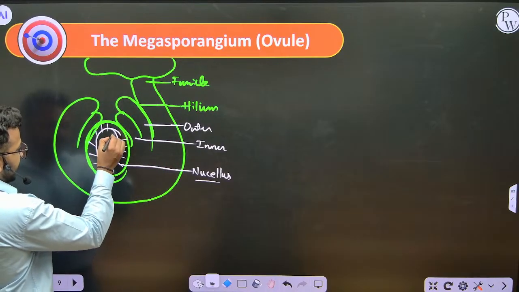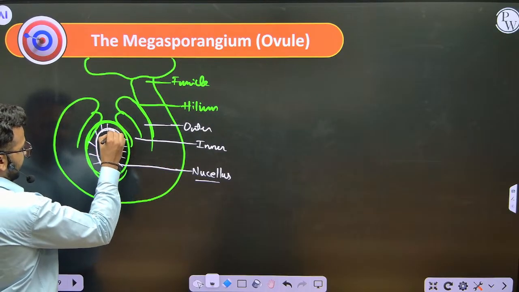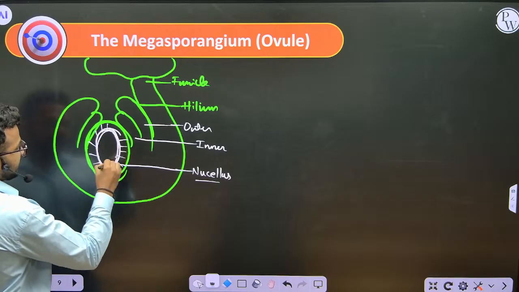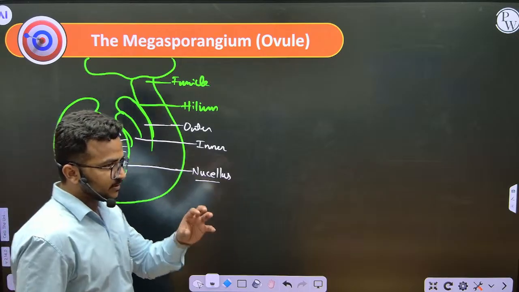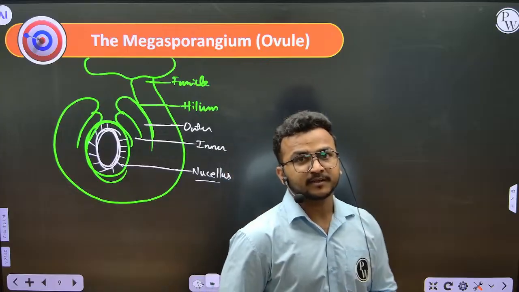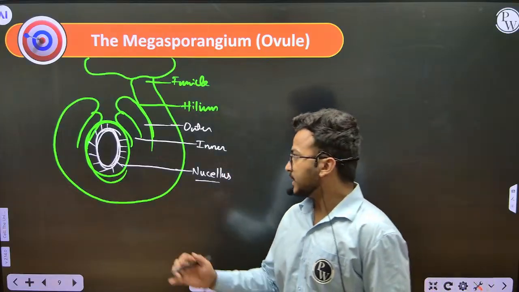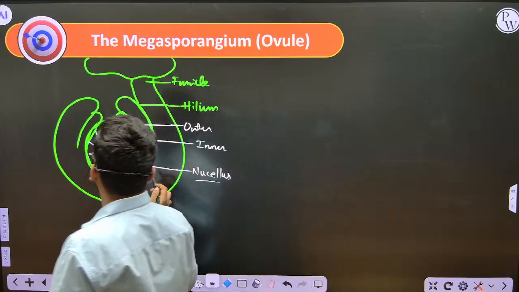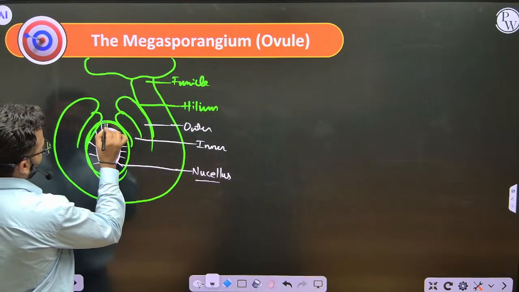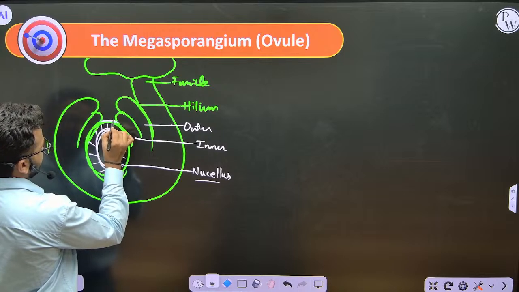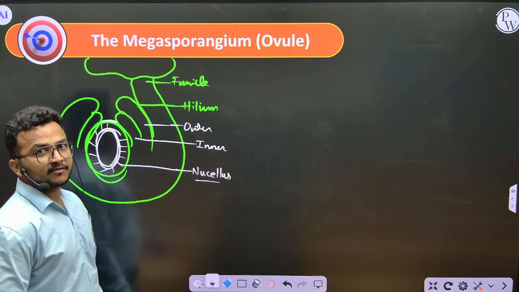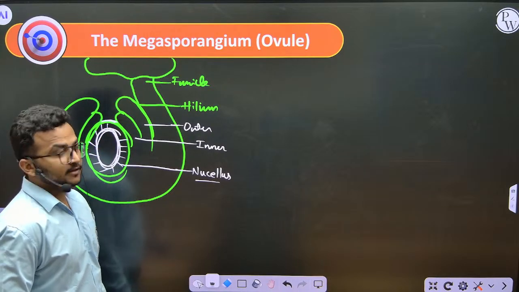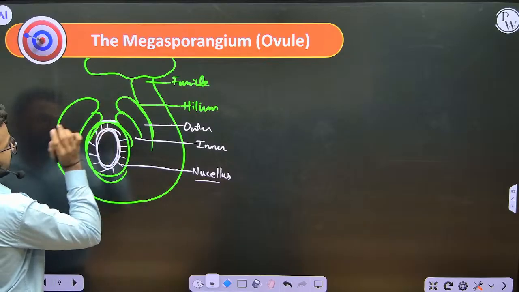Within that is the main female gametophyte, that is the embryo sac. This end, which has a pore or opening, we call the micropyle.